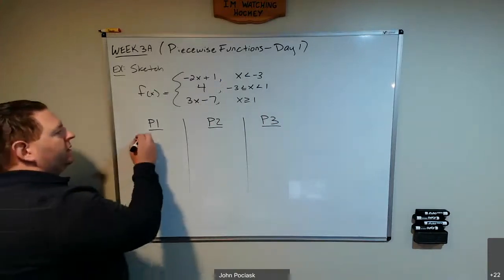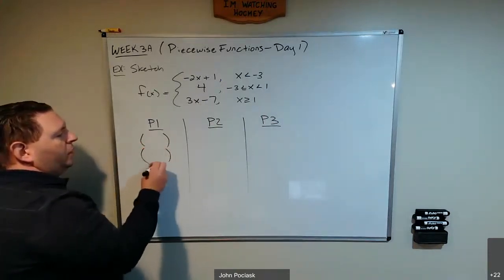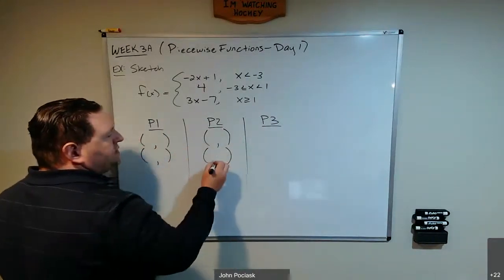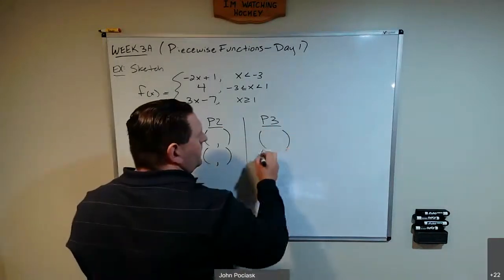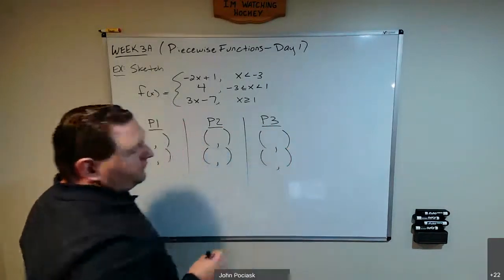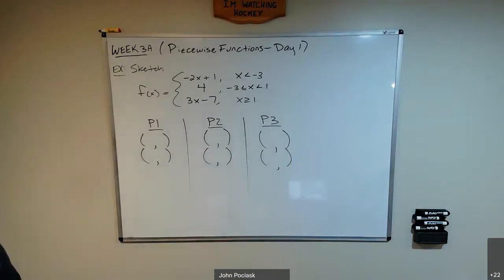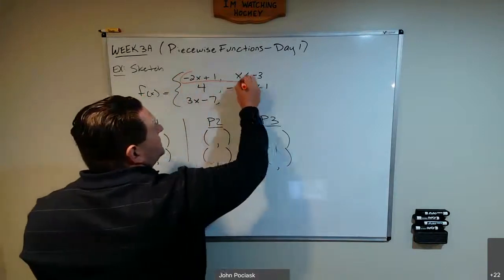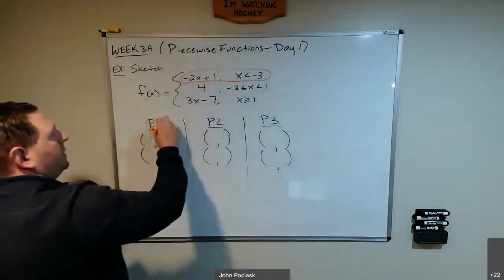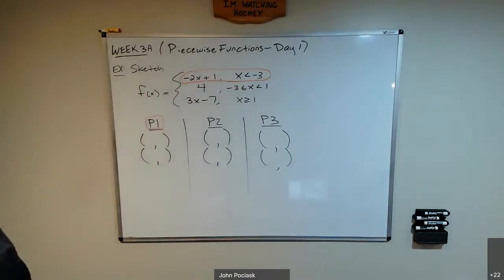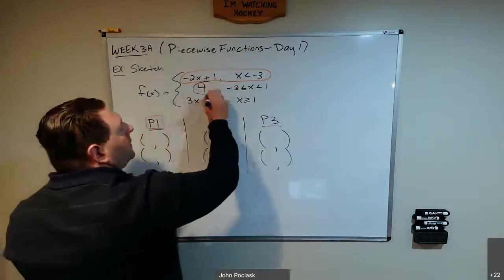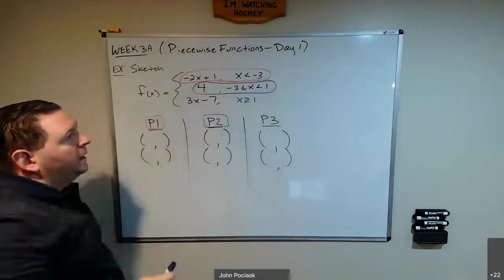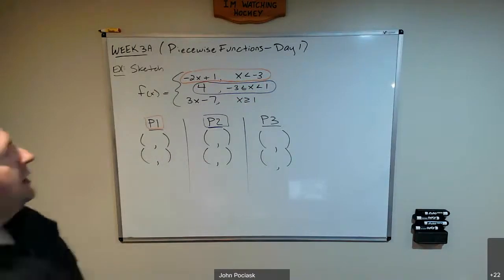You're going to need 2 ordered pairs for each piece. Again, I'm going to color code this. I'll make the first piece orange, second piece purple, and third piece we'll do green.